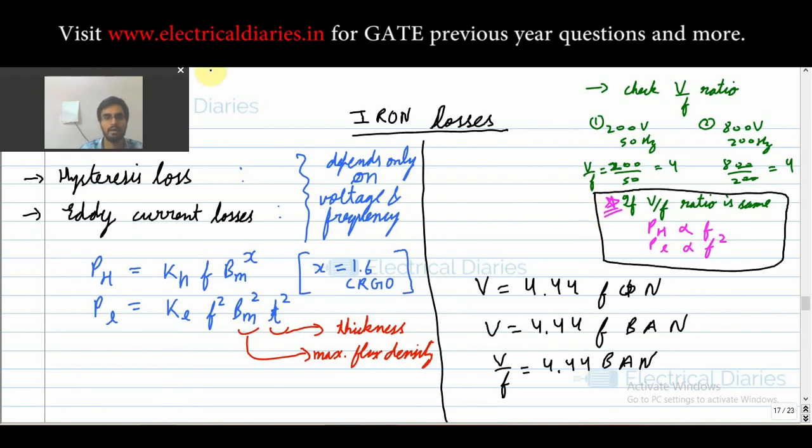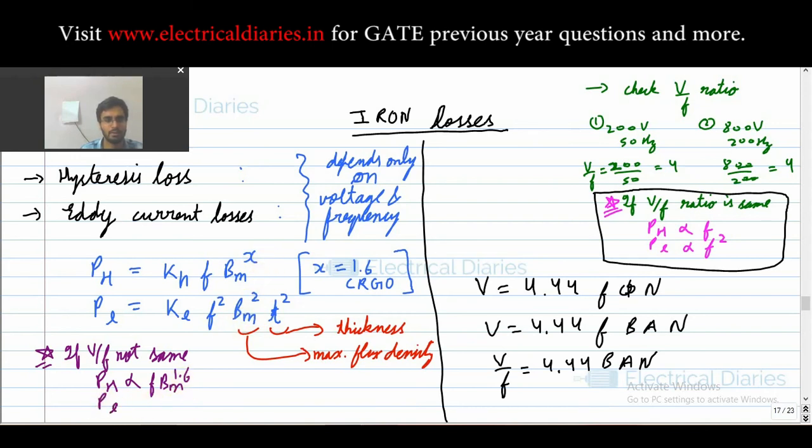If V by f is not the same for any two given cases, then your Ph will be proportional to f Bm to the power 1.6. To say more appropriately, there is a range of x, but in exams you use 1.6.